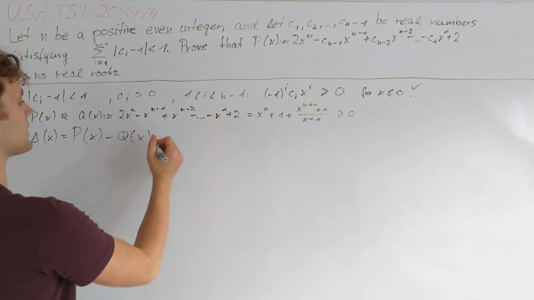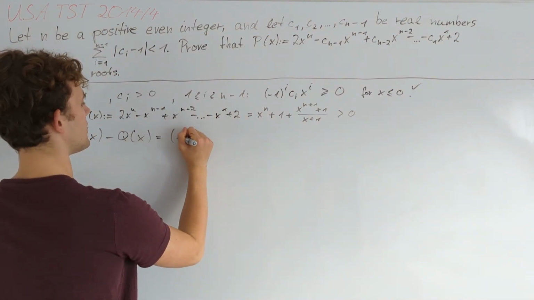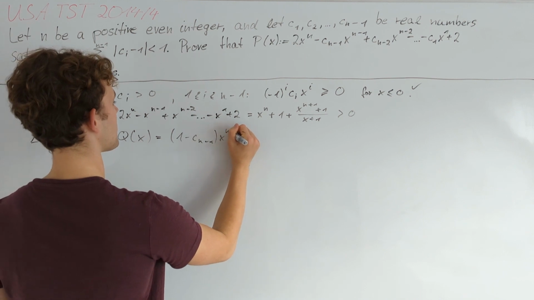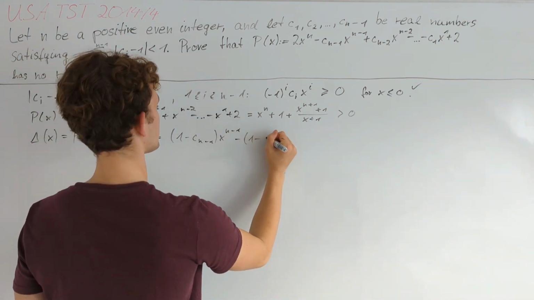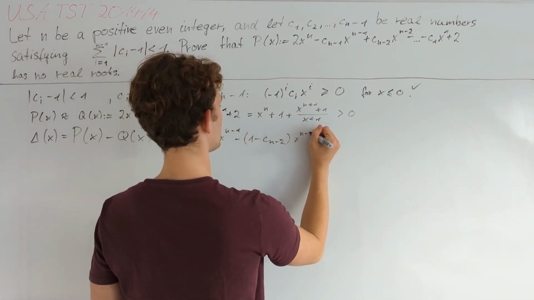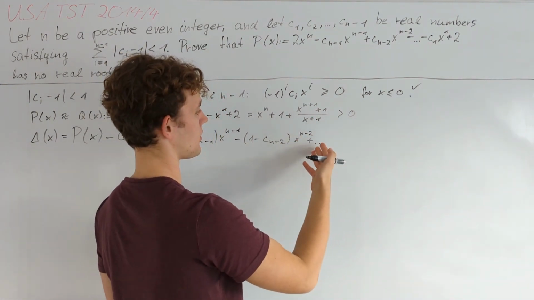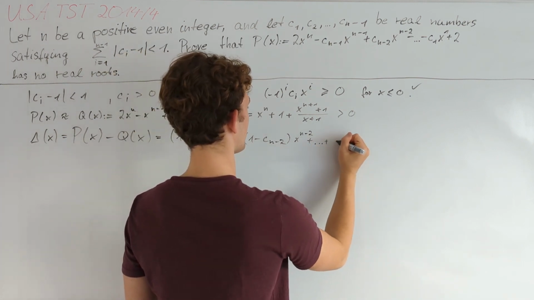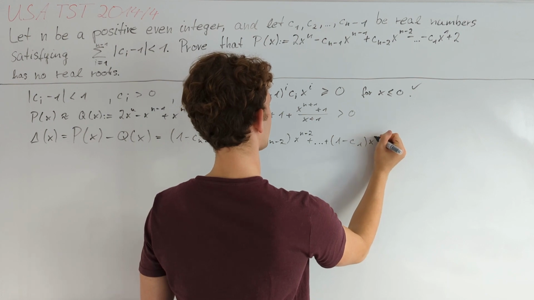Now delta of x we can evaluate, and it is equal to 1 minus c_{n-1} x to the power of n minus 1 minus 1 minus c_{n-2} x to the power of n minus 2 plus, and with alternating signs in this sum again, and we finish with the term 1 minus c_1 x to the power of 1.